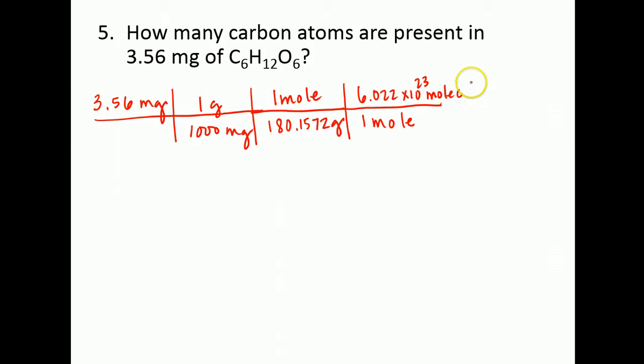And again, I chose molecules because this is a molecular substance made of nonmetals. It's not an element, so I don't want to use atoms. It's not an ionic substance, so I don't want to use formula units. So I picked molecules. This calculation so far, if I stopped here, would give me the total number of molecules in my sample, of glucose molecules.